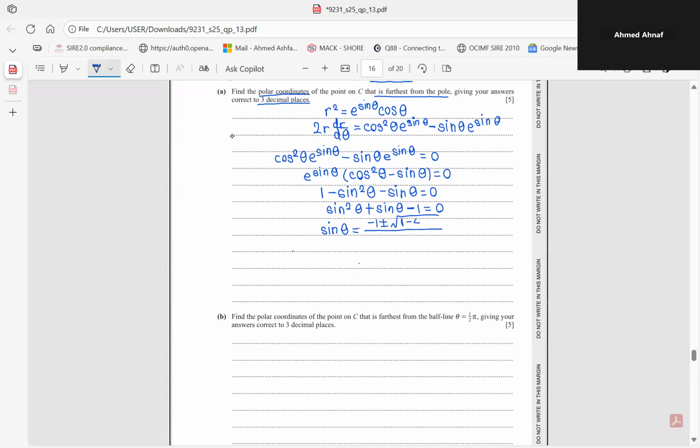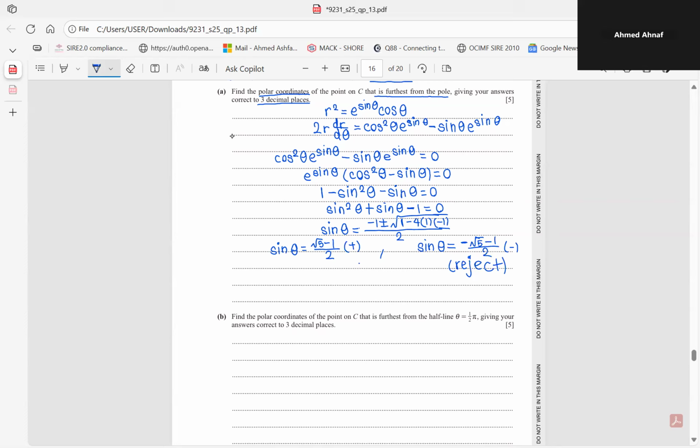Okay, let me try to do it without hand resting. So we're going to reject this, and let's find the value of theta. That's just sine inverse of square root 5 minus 1 over 2.